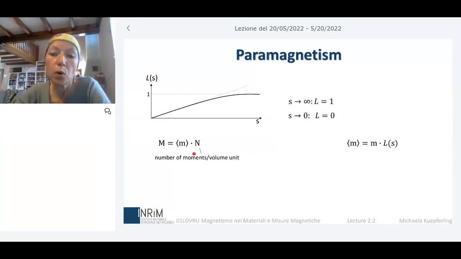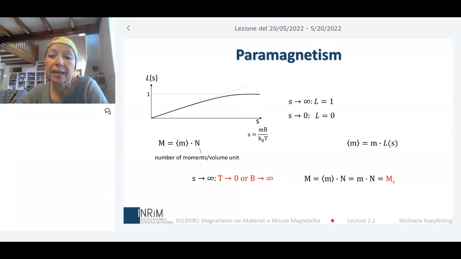So we have a magnetic moment is the average, the magnetization is the average magnetic moment times the number of moments per volume unit. And having in mind, of course, that the average was proportional to the Langevin function, then we can interpret the result, see that if the argument of the Langevin function goes to infinite, then we will get something like saturation, let's say, magnetization saturation, because we get to the maximum value.